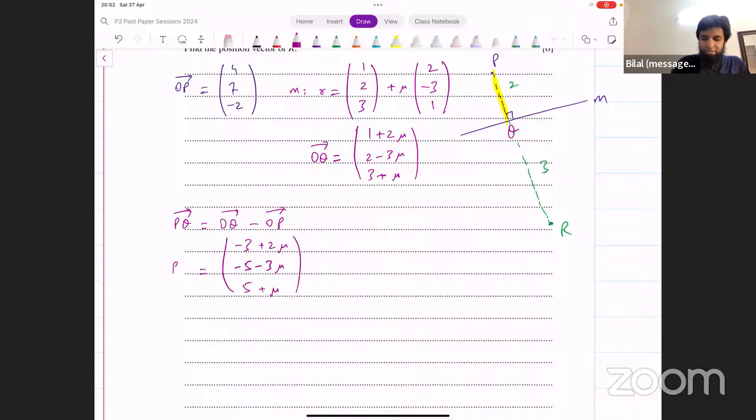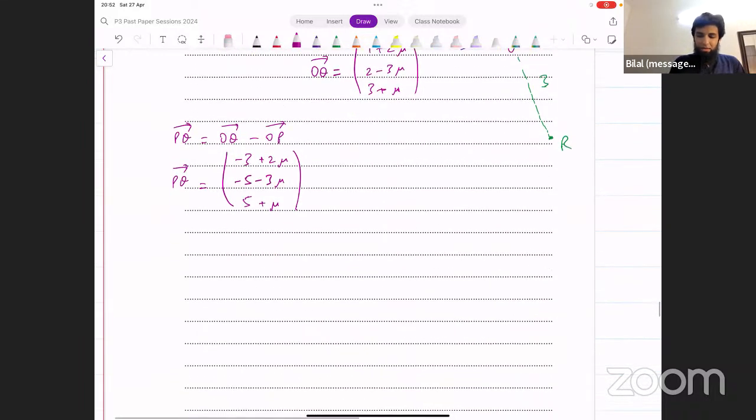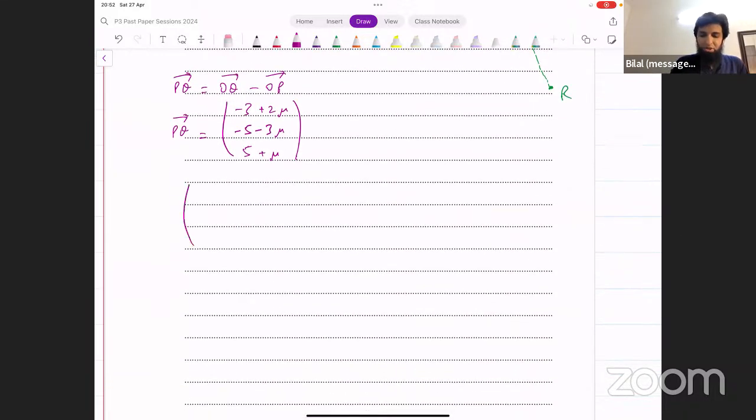This is the vector PQ. And now since PQ is supposed to be perpendicular to the line M, what we can do now is put the dot product of PQ, that's minus 3 plus 2 mu, minus 5 minus 3 mu, 5 plus mu.